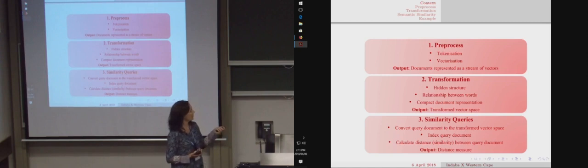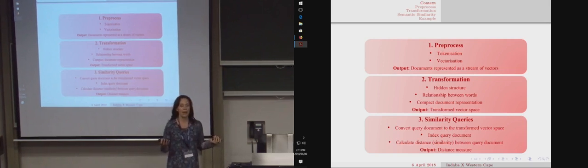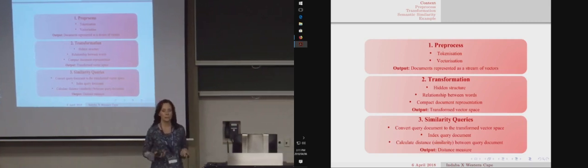Because we need to tokenize our data. We need to transform it to vectors that the computer can understand. So the output of this first part of the process is documents represented as a stream of vectors. And it's also called vector space modeling.